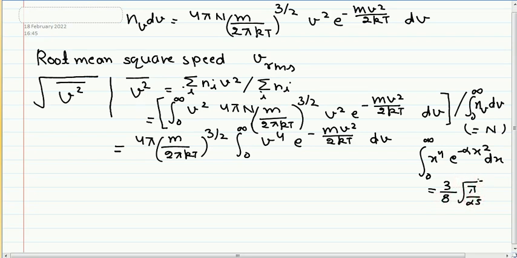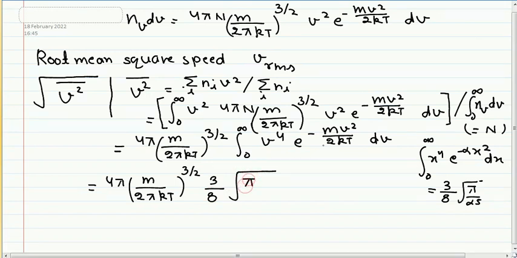So we will use this standard value here, and we have 4 pi then (m upon 2 pi kT) to the power 3 by 2, and now it is 3 by 8 and then under root pi, and then alpha is m upon 2kT, and because alpha is in the denominator it will become (2kT upon m) to the power 5.